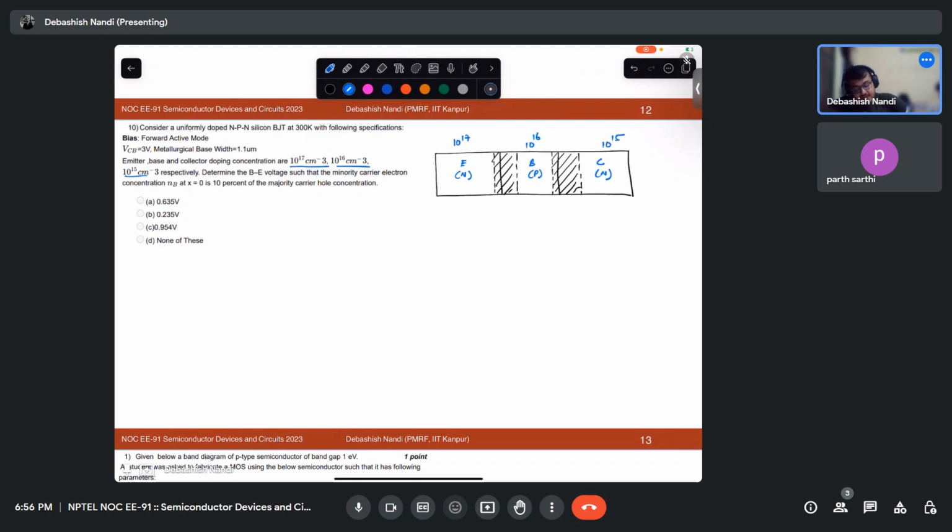Determine the base emitter voltage, that means this one, VBE, such that the minority carrier concentration in the base at x equal to 0 is 10% of the majority hole concentration.